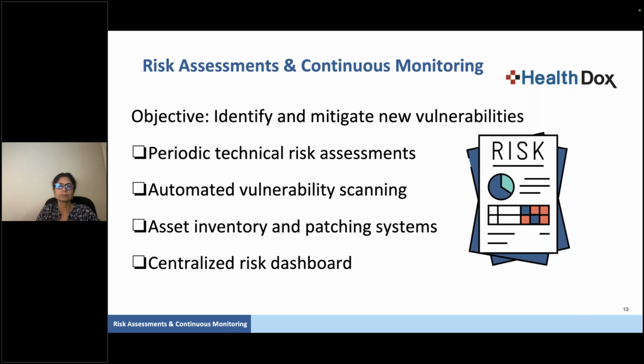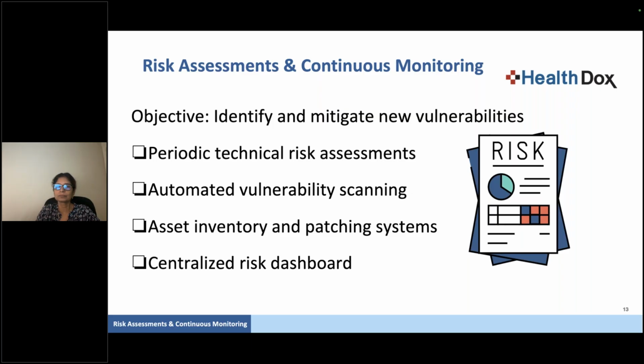Whatever we do as risk management, it is not sufficient if we just do a regular risk assessment. HIPAA requires not only regular risk assessment, but taking a step further with continuous monitoring. That is the key aspect of risk assessment in technical safeguards.